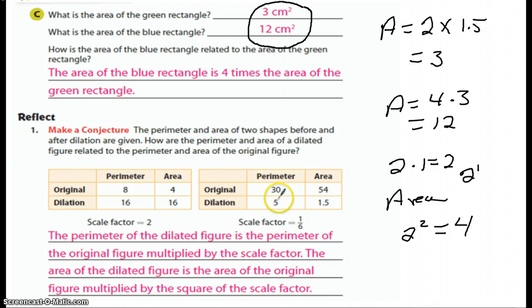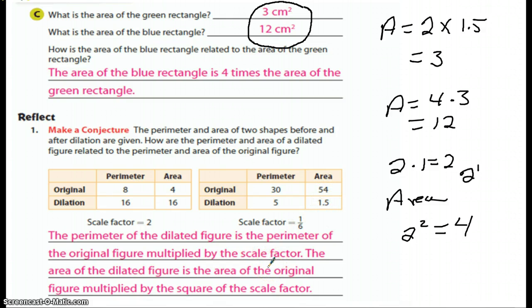Then here we have original is 30, dilated is 5, so that'll be 5 over 30, which will give us 1/6. Area will be 54 compared to 1.5.